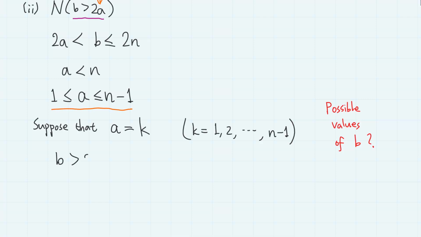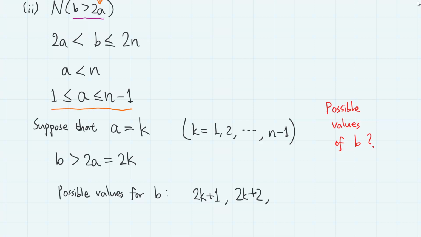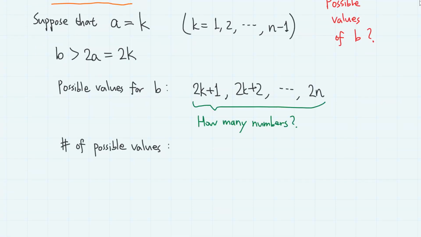Since B is greater than 2A, which is 2k in this case, the possible values for B are 2k plus 1, then 2k plus 2, and so on, all the way up to the maximum value of 2n. So the number of possible values for B is the maximum value 2n minus the minimum value 2k plus 1, then plus 1. So B can have 2n minus 2k values.